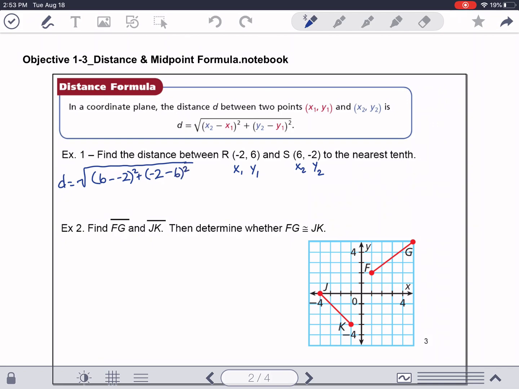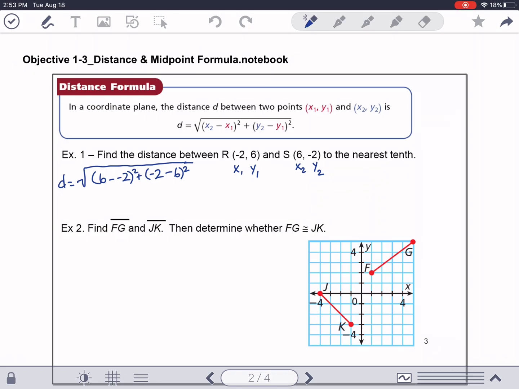And then let me double check. I should have my x's together in the first spot. So 6 subtract a negative 2. And then I'm going to have negative 2 subtract 6.